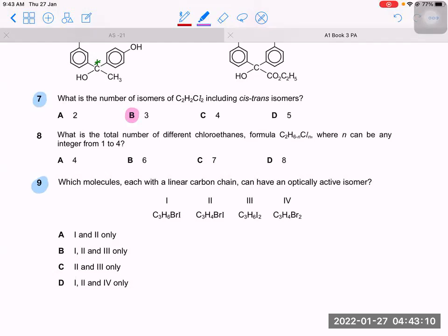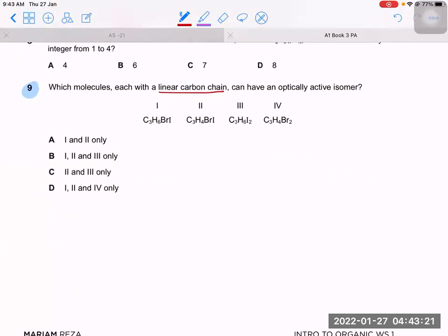Which molecule, each with a linear carbon chain, can have optically active isomers? Linear carbon means no branch, straight chain. So C3H6BrI. Now you have one Br, one I. They have told you it's a linear chain.